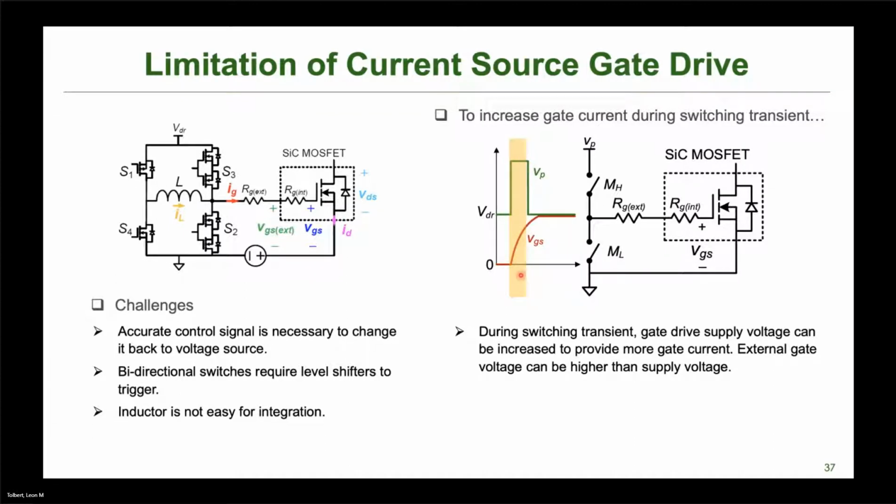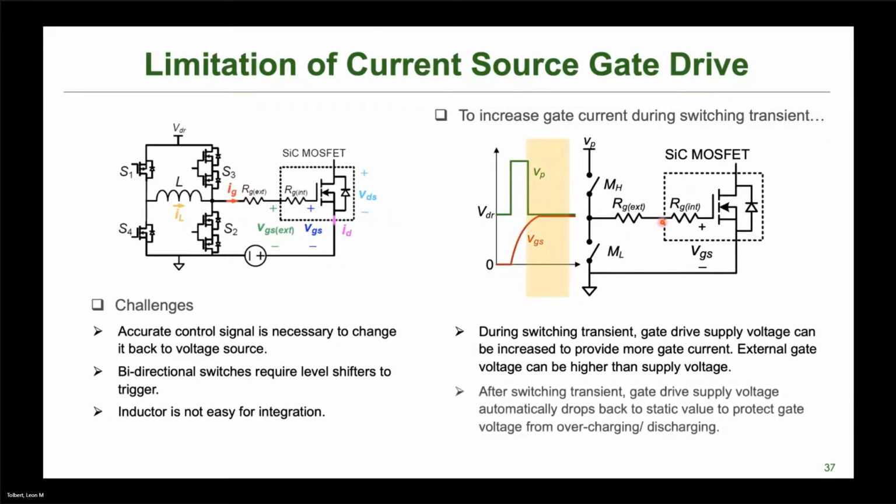We would like our gate drive supply voltage to be increased so we can provide more current. And just as I mentioned, it's okay if this voltage here is higher than this voltage here. But after that initial voltage, we want it to return and be more of the traditional voltage.